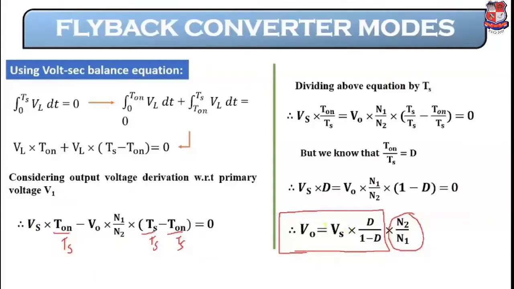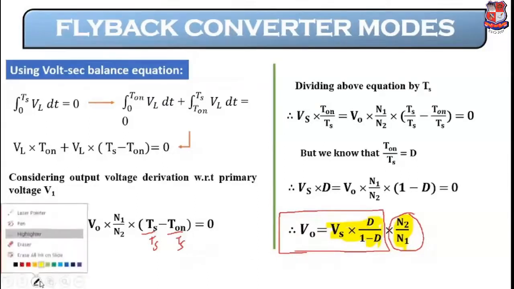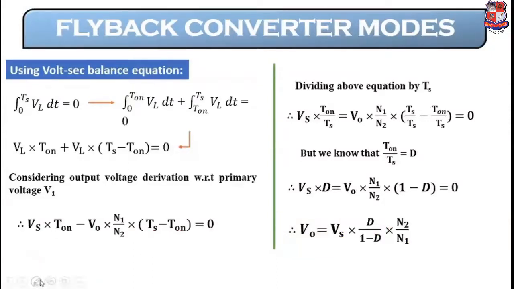Yes or no? This much part is the output voltage equation for the buck boost converter, and this extra term makes it an isolated buck boost converter. So an isolated buck boost converter can be said to be a flyback converter.